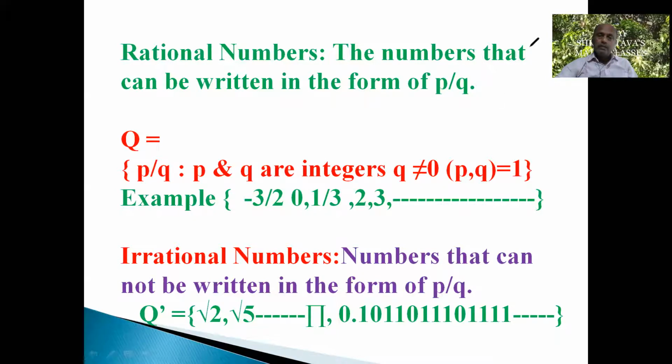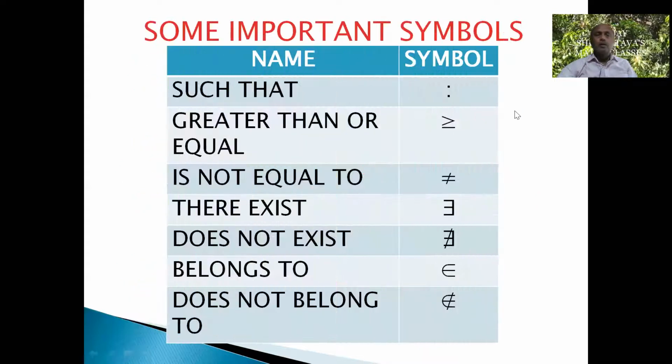Next thing is some important symbols. So here basic symbols I have written in the chart, you can note down and learn. Such that, greater than or equal to, is not equal to, there exists, does not exist, belongs to, does not belong to.